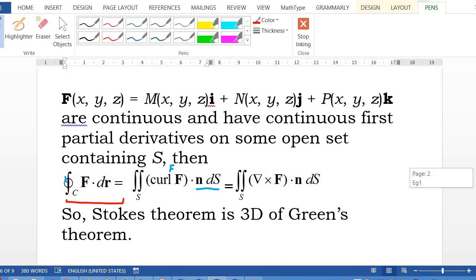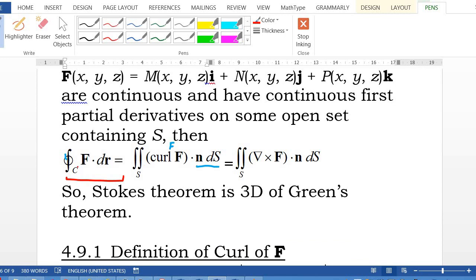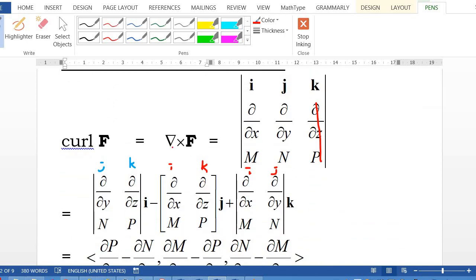So the line integral F dot dr along curve C, if the curve is closed and anticlockwise, forms a closed surface S. Then instead of evaluating your line integral like the tetrahedron, example 2, 3 times, you just need to evaluate the flux integral, which here is curl of F dot n dS across the surface S. Curl is del del x i plus del del y j plus del del z k.